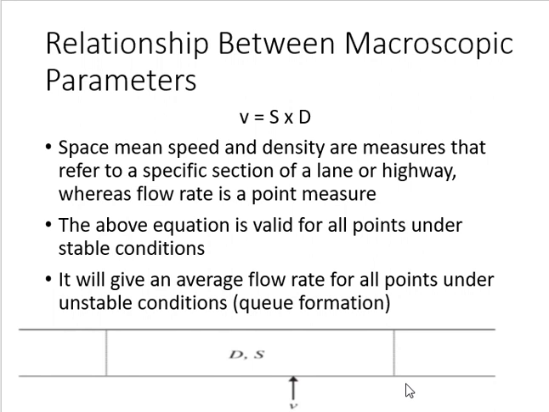Now I showed you the units for all 3 of them. What are the units for speed? mph, which is miles per hour, so they involve distance. If you go back to the definition of space mean speed, this is speed over a segment. Segment means it's a distance.